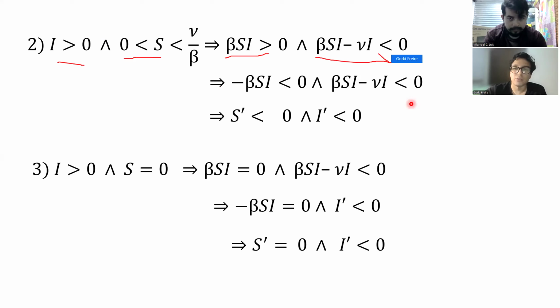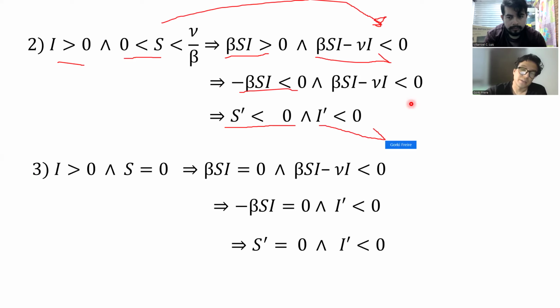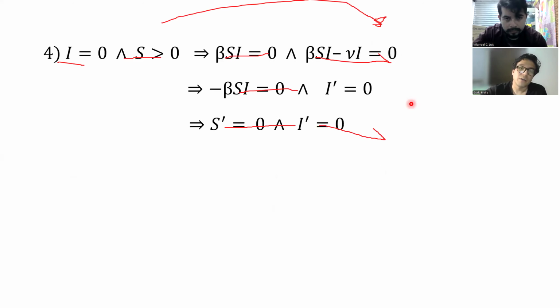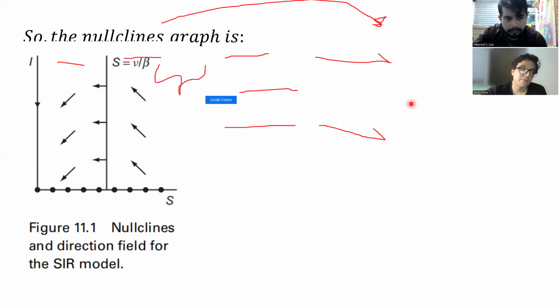From this we get this one too. Then we can get that S is still decreasing, and I prime is also decreasing. So that's what happens when you are on the left side of S equals V over beta.